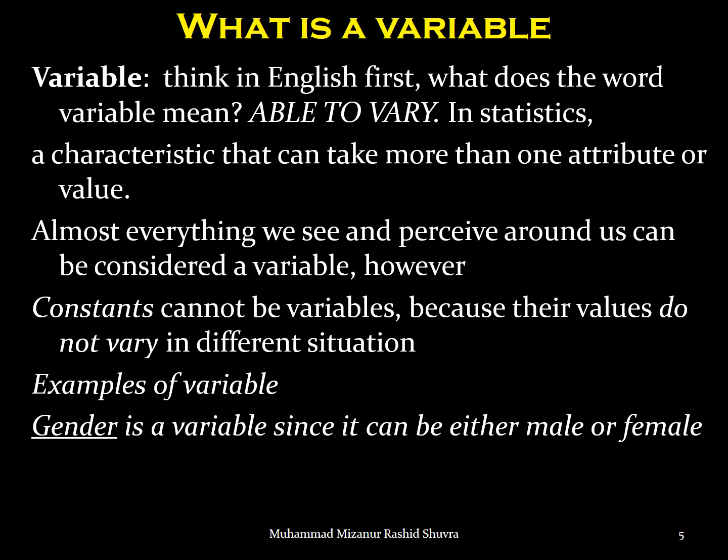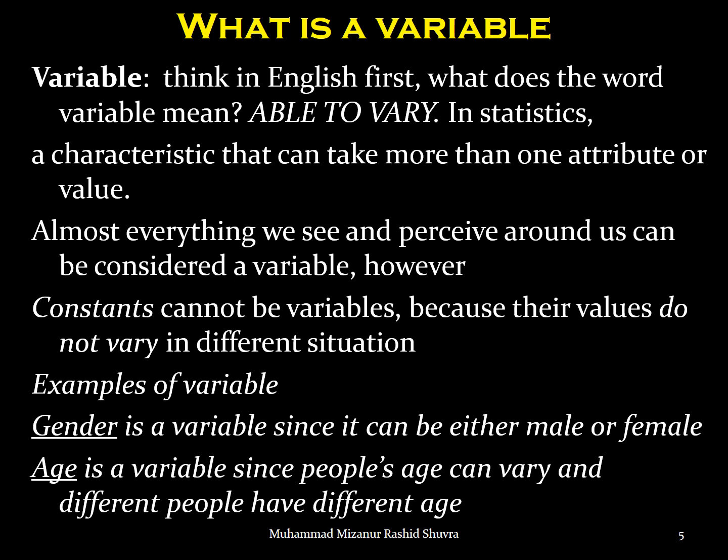I'm not talking about biological sexual identity. I'm talking about gender itself, male or female, or even the third gender in between. So it can vary. What do I mean by varying? It's not that a male can become a female. But when we say the word gender, we know that this characteristic of human beings is different from person to person, so it's taking different values from person to person.